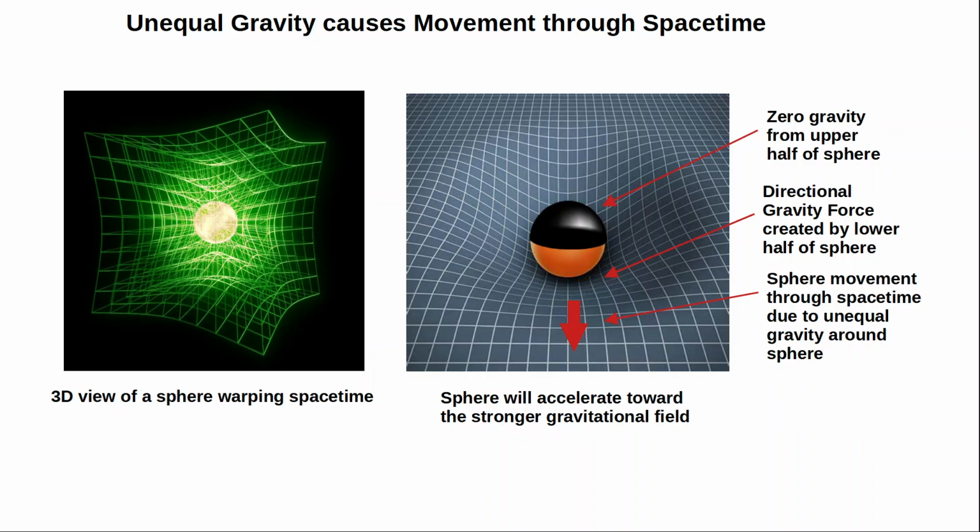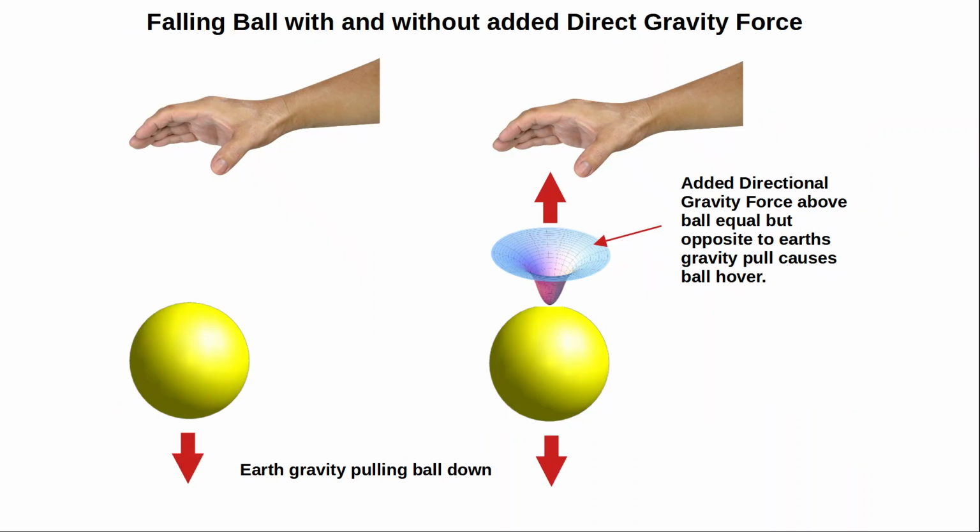moving downward. And here's another thought experiment with a ball with and without an added gravity force. This shows what would happen between a ball with and without an additional gravity field above the ball. The ball on the left will accelerate towards the stronger gravitational field of the Earth.